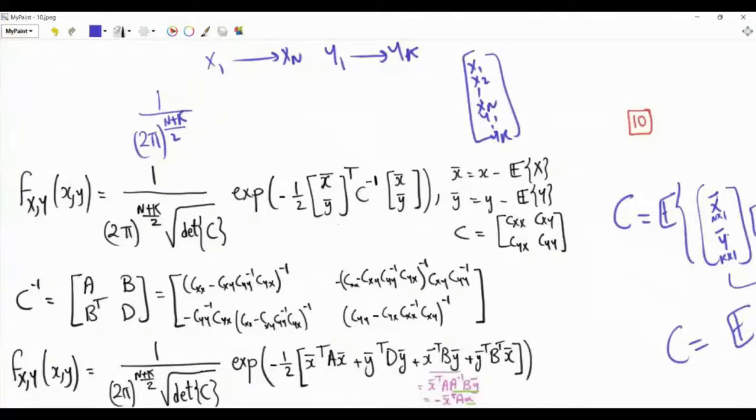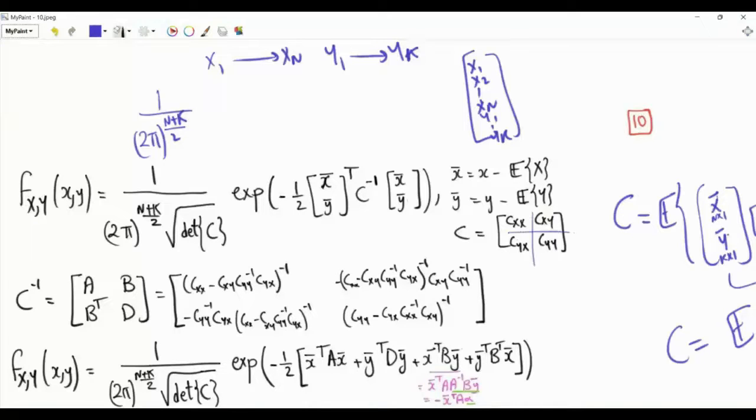This is the multivariate distribution applied to all the jointly Gaussian random variables. Now, what is an expression for the inverse? We want to express the inverse in terms of the matrices CXX, CYY, and CXY. It turns out that there is a tool to do this.